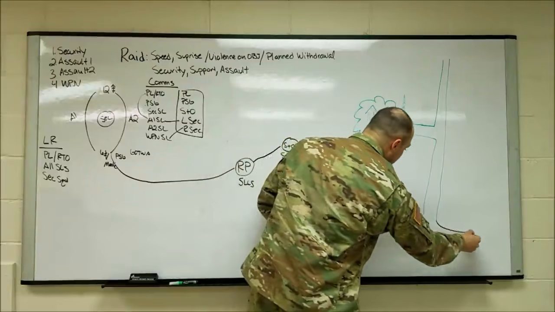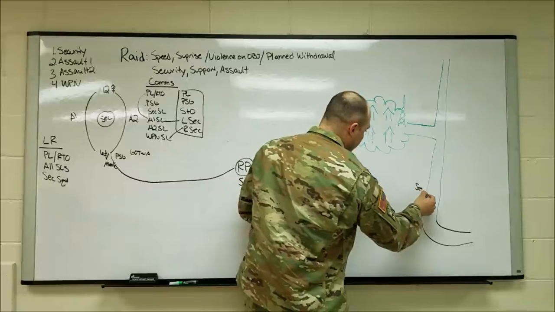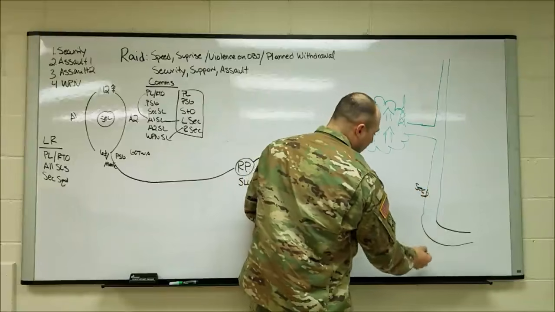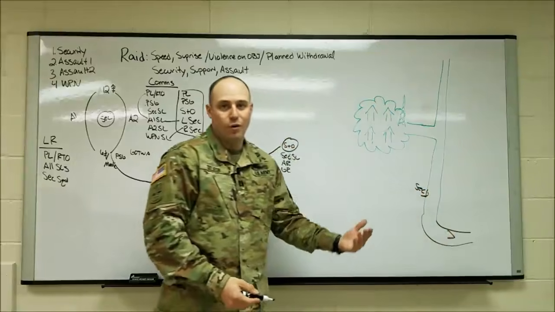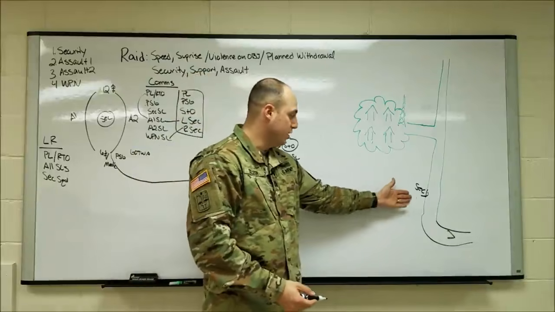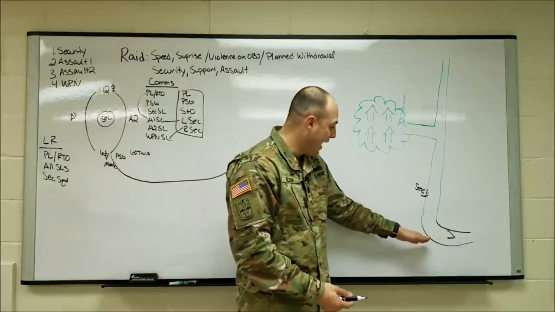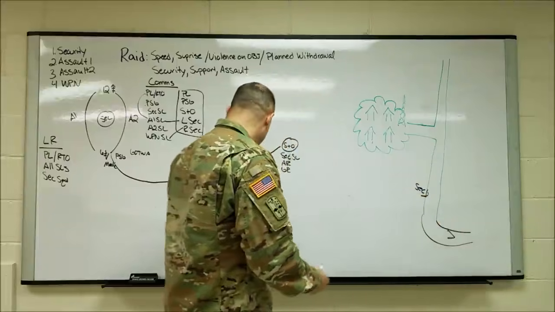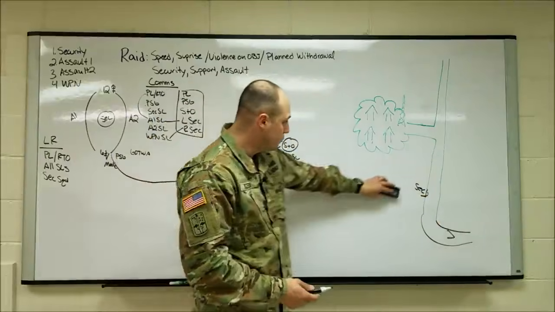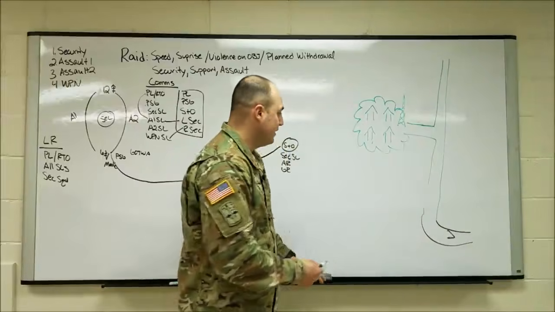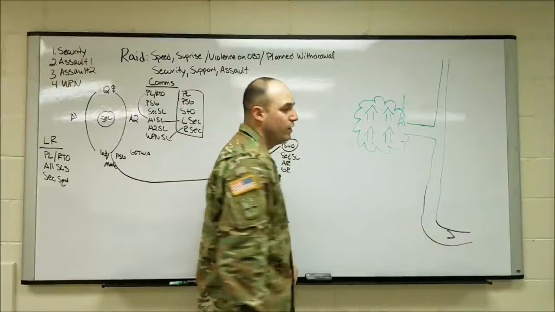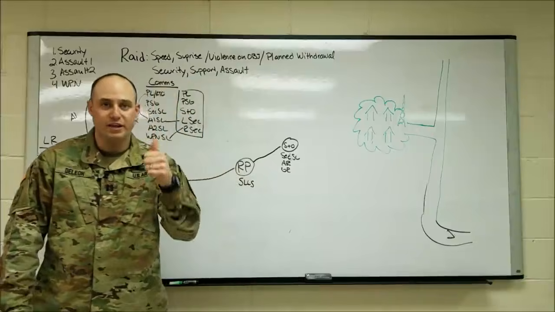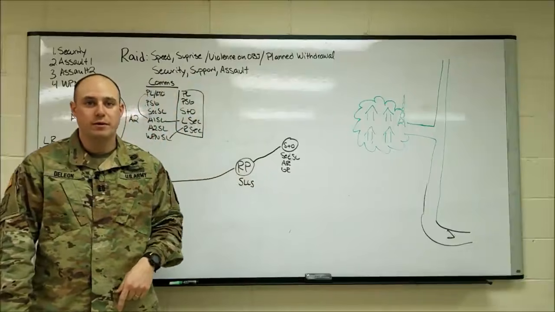If we had a bend in this road and security sets up here looking down the road, can they see around this bend? No. They're probably pretty useless right there. So the PL is going to say, hey, I want you to be at this bend so you can see down the road this way and see down the road this way, or the other way. So that's why the PL needs to definitely at least give some specific guidance to how he wants the security set up. Again, key is where and what he wants them to be able to observe.